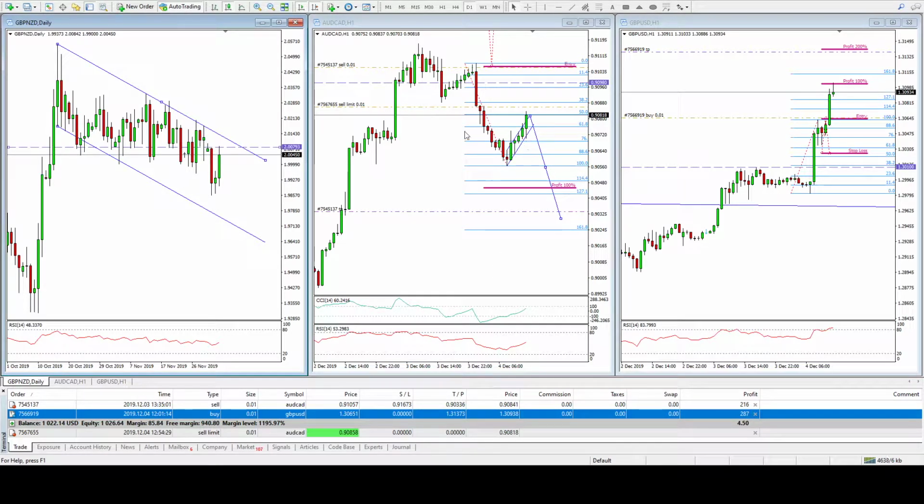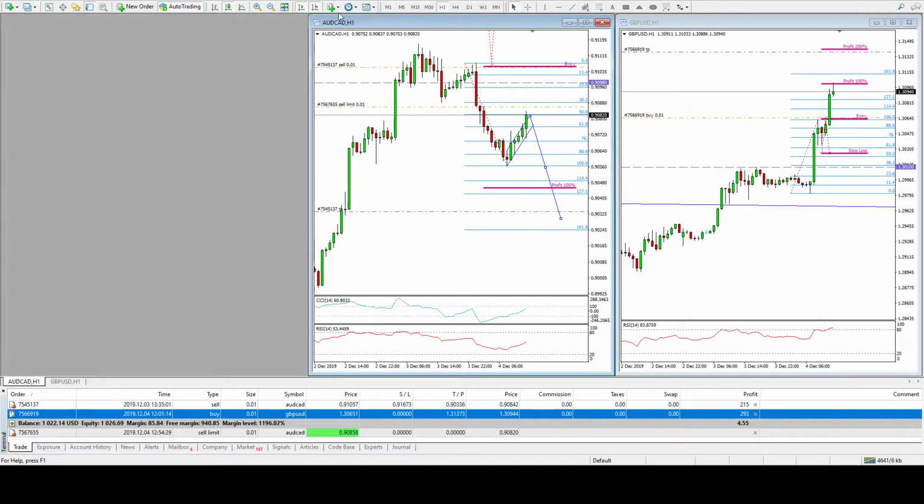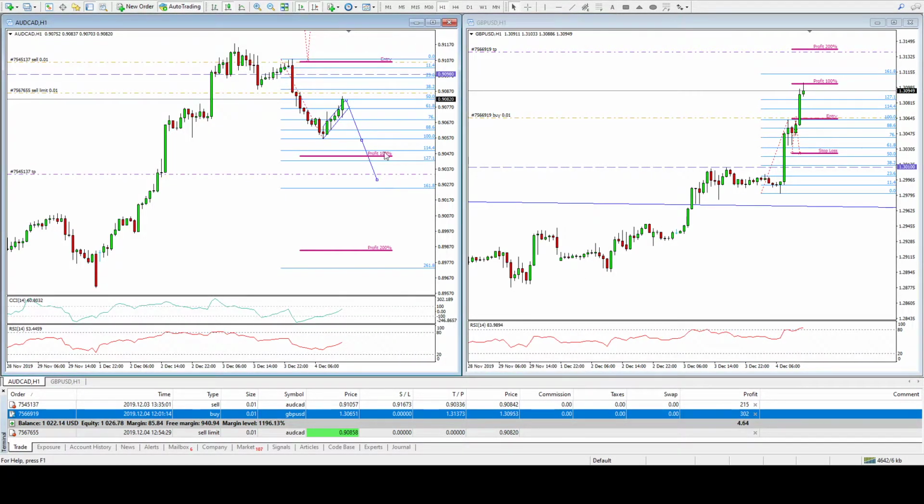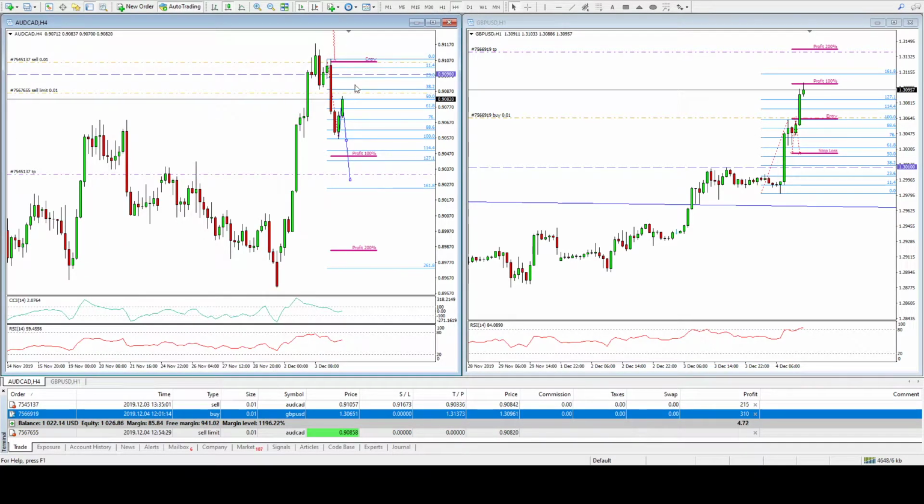All right. I have a second trade set up on Aussie CAD, and that is on a pullback retracement on this long bar right here. So this is a retracement.